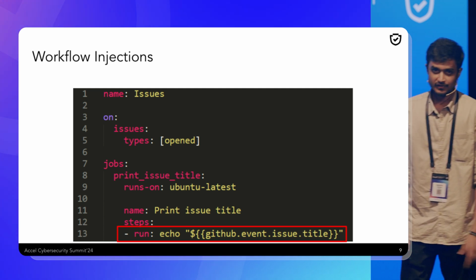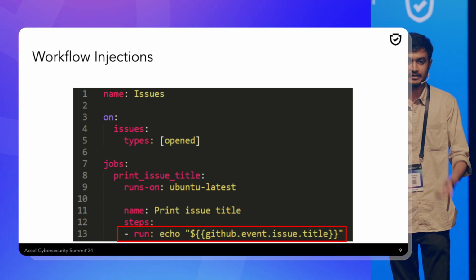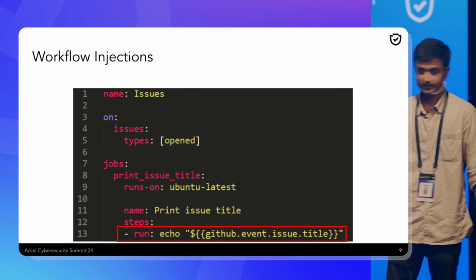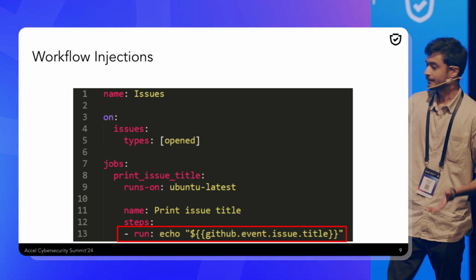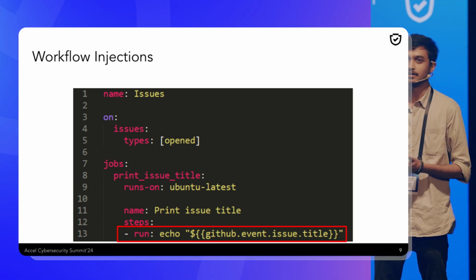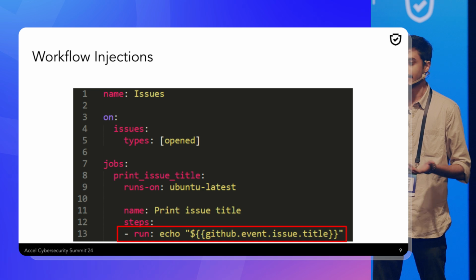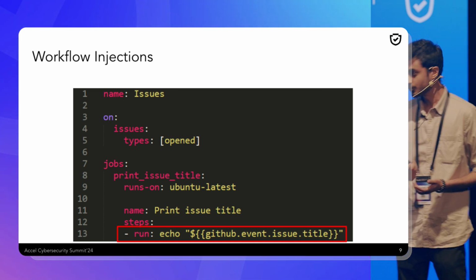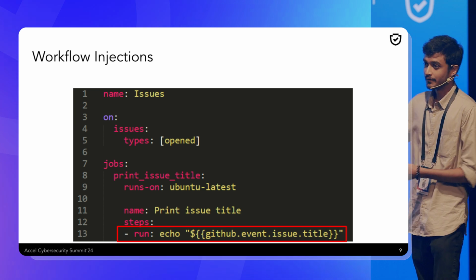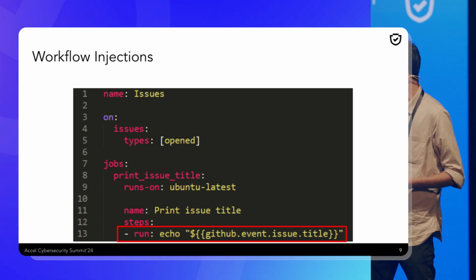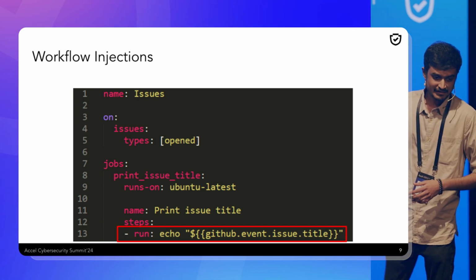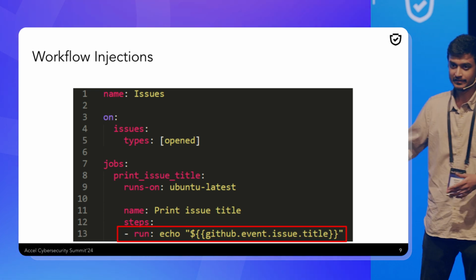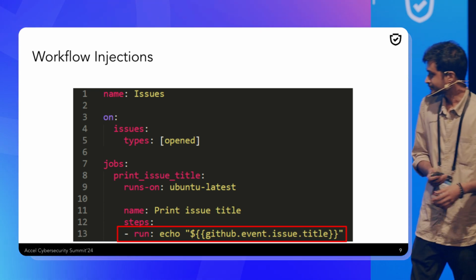This is expected to run in, like I was mentioning, a controlled environment where you have a repository where people can create issues. Whenever someone sees a problem, they can create an issue. Whenever an issue is created, this is triggered and it prints the issue title. Just a sample example.